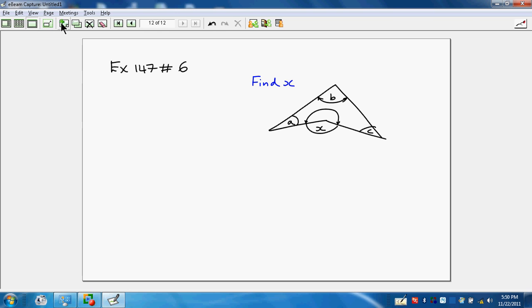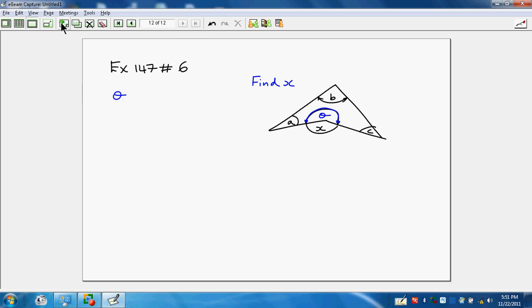So what we could say is that this angle here plus x must be equal to 360 degrees. Let's call this angle here theta.